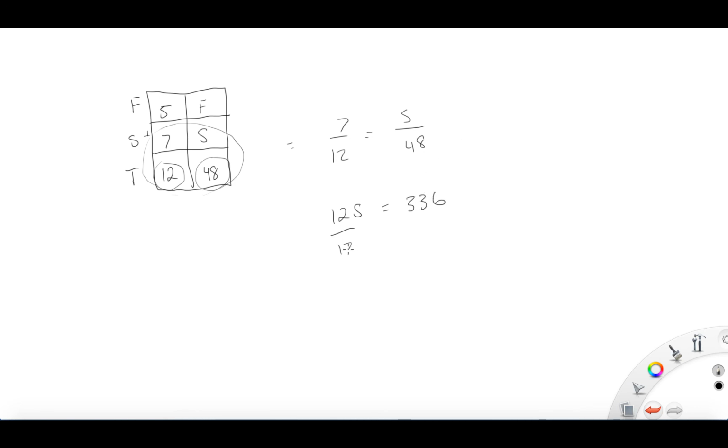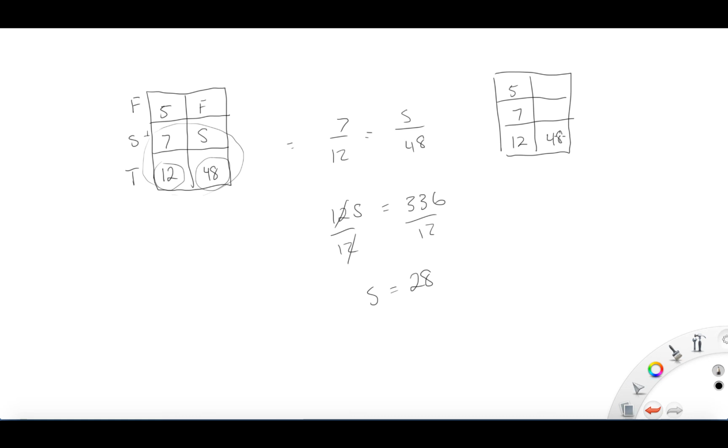I divide by 12, and these two cancel out. And when I do that, I will come up with soccer players equaling 28. So I'm going to redraw this, put in my answers. So I know that I had 5 football, 7 soccer, that is 12 total.